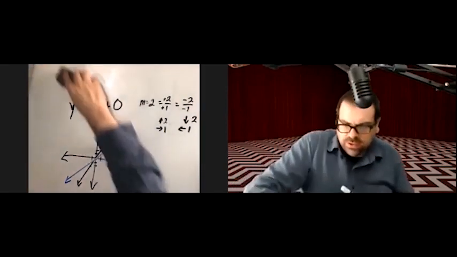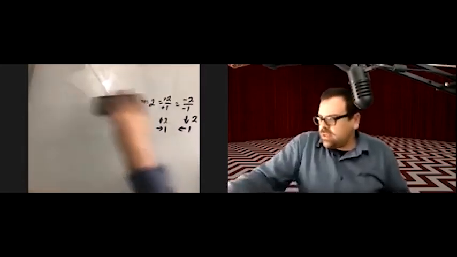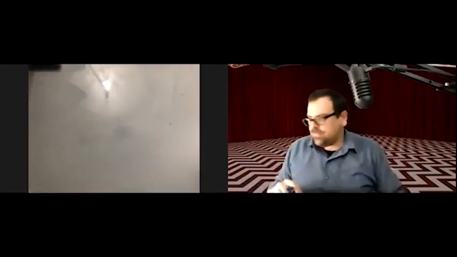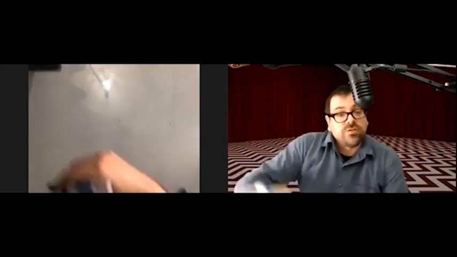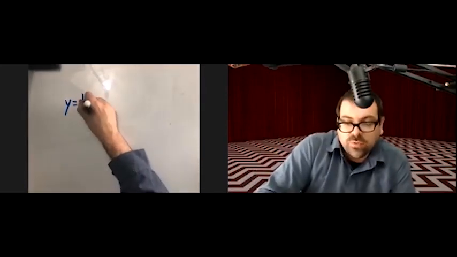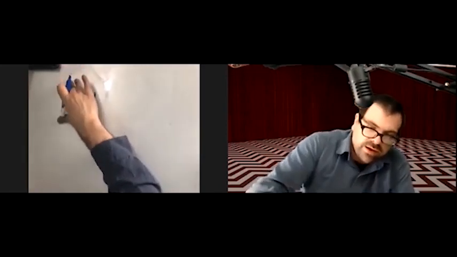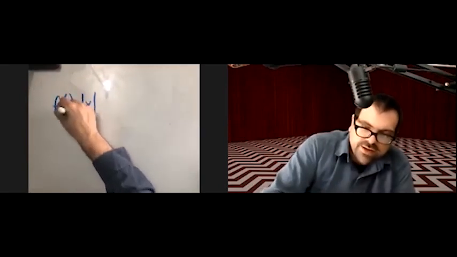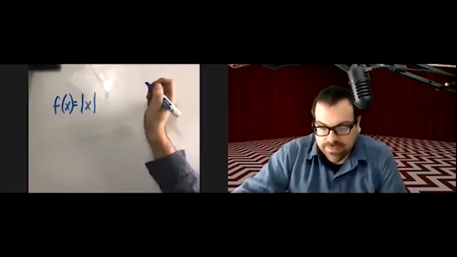This will be more clear, I think, if we take a look at an absolute value function. So from our parent graphs, we know f of x equals the absolute value of x.